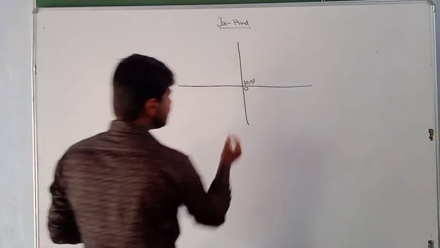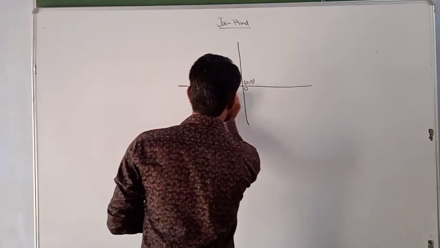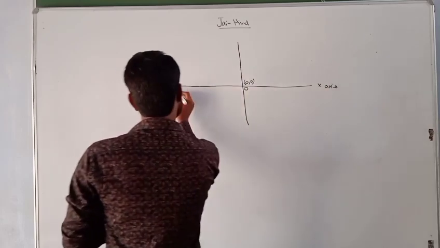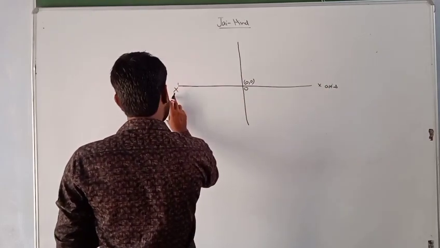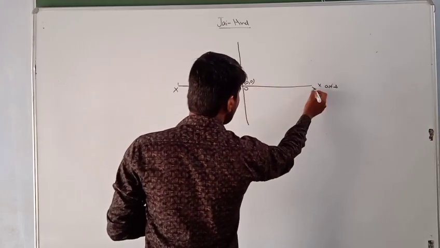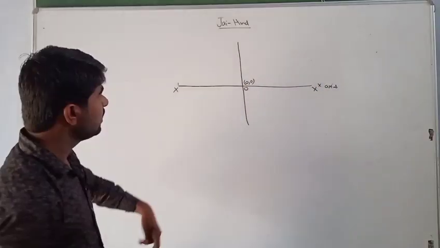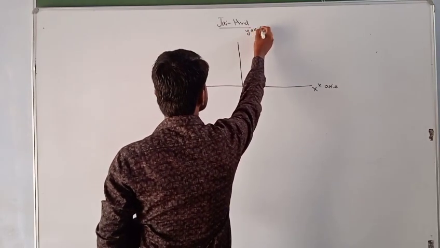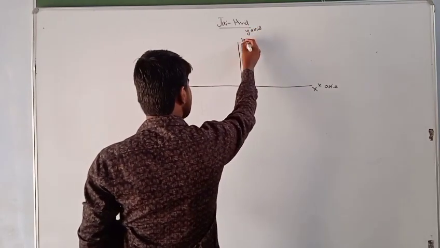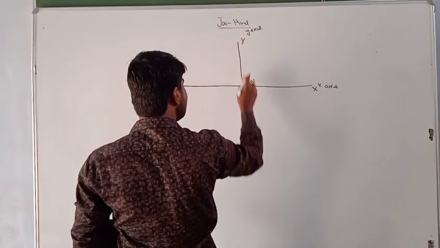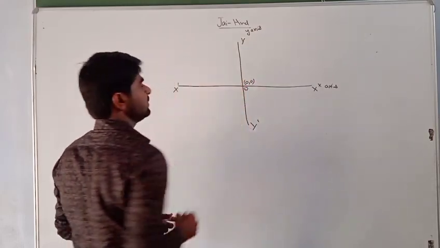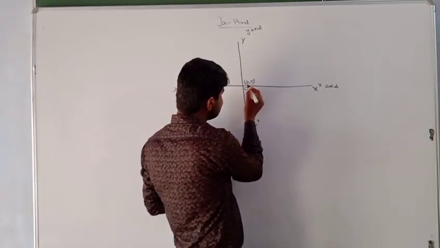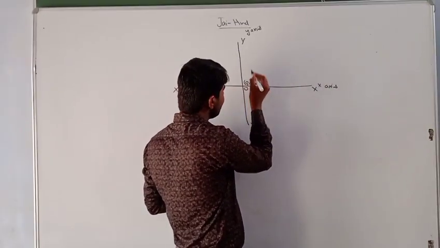This horizontal axis is called the x-axis, and the complete axis will be X'OX. This vertical axis is called the y-axis, and the complete axis will be Y'OY. This is the value of x and this is the value of y.